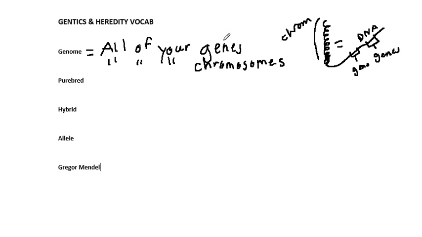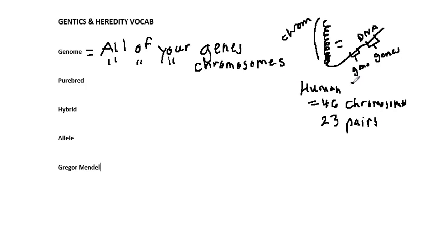So here are the two different ways you'll hear about the genome. Other thing you might want to know is the human has 46 chromosomes in his genome. 23 pairs.